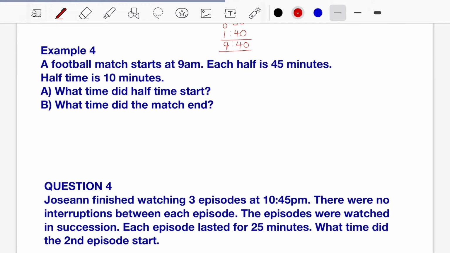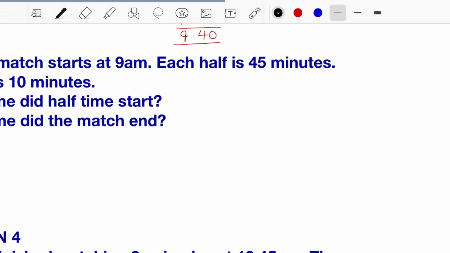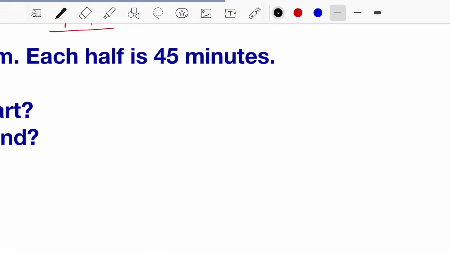Example 4. A football match starts at 9 a.m. Each half is 45 minutes. Half time is 10 minutes. So let's try to briefly understand how the time runs in a football match. We have the first half, which is 45 minutes.